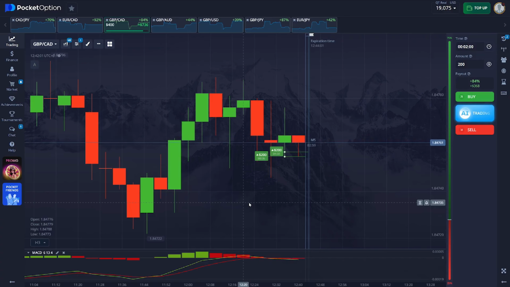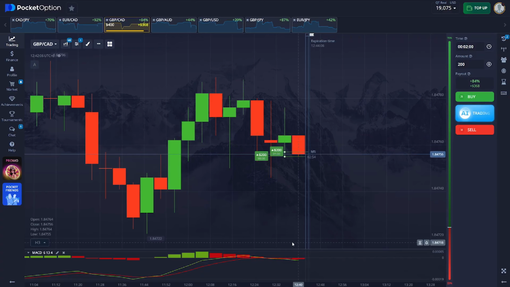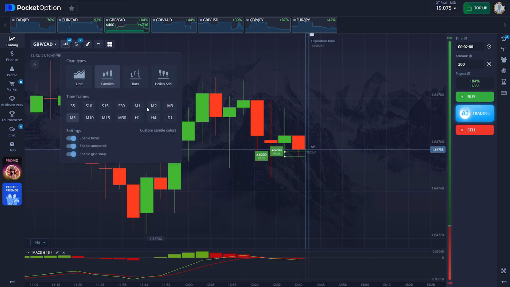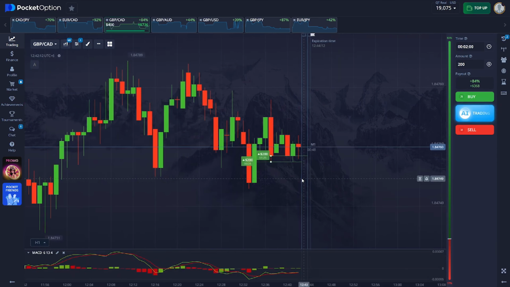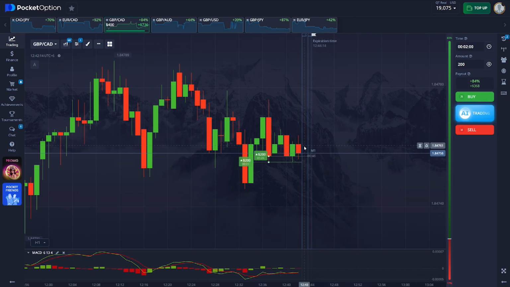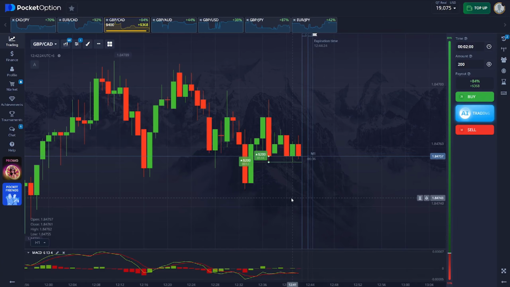Okay, let's carefully observe what's happening in the market at this very moment. This is a very dangerous situation. I hope our trade will close in profit. So, the market is very volatile today. The price movements are very sharp. That's how the price is behaving today. So that's the situation right now.